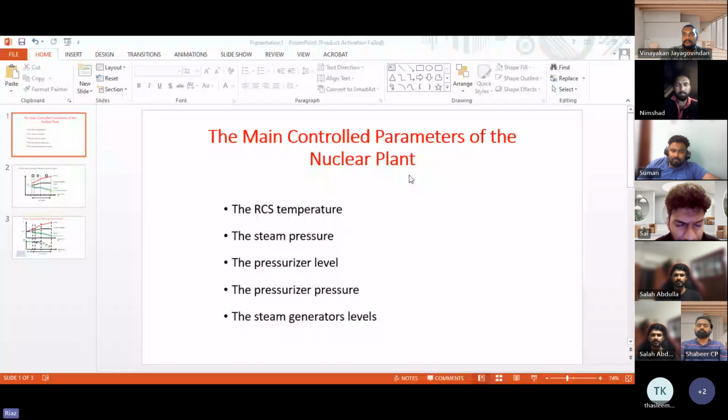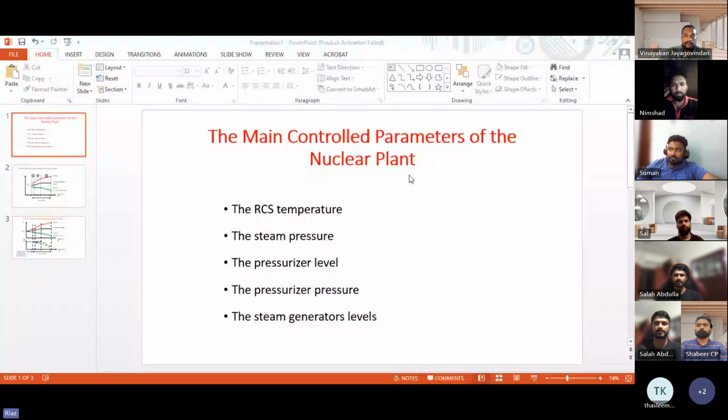Like process variables, we know temperature, pressure, level, flow. These are the variables that should be measured. In order to maintain a safe and efficient operation of an NPP, we need to get the real-time value of these parameters.